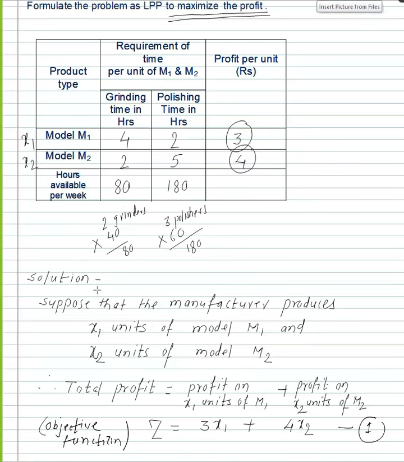Now there will be two constraints. One of the constraints will be on the grinding time. Another constraint will be on the polishing time. Let us find the total grinding time required if the firm produces x1 units of model M1 and x2 units of model M2.